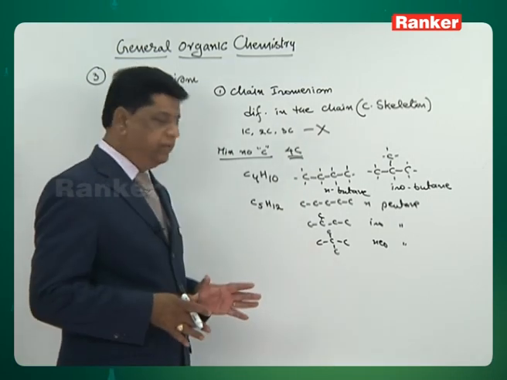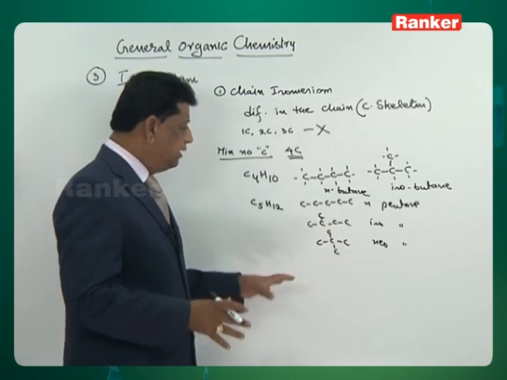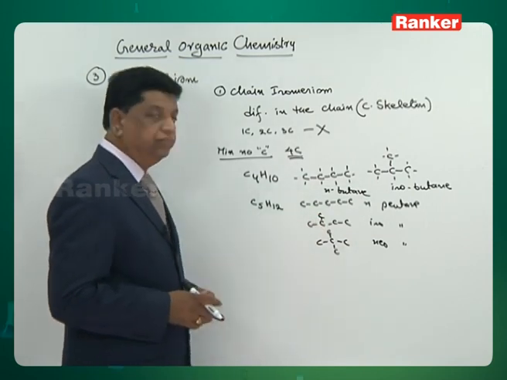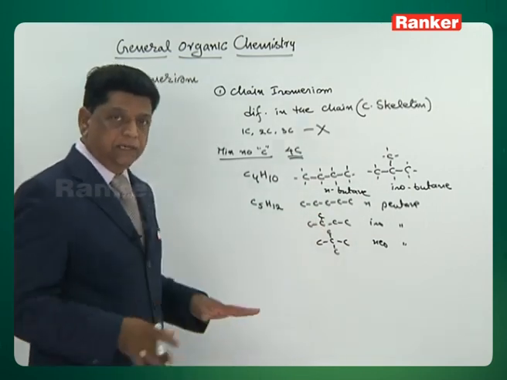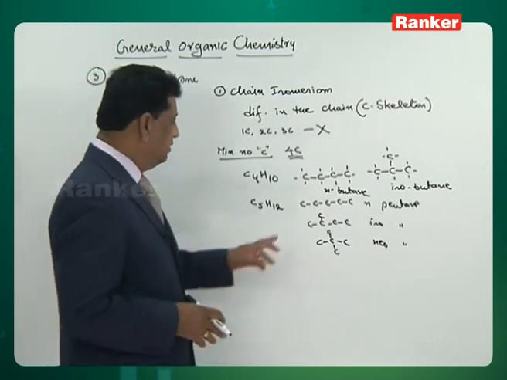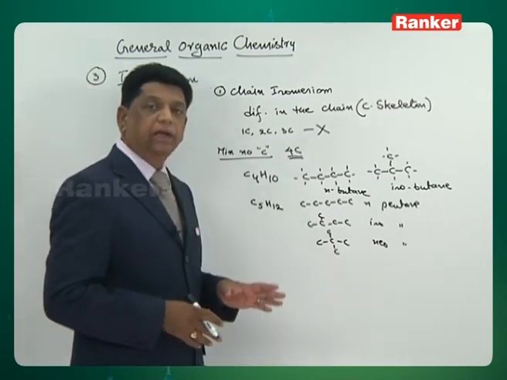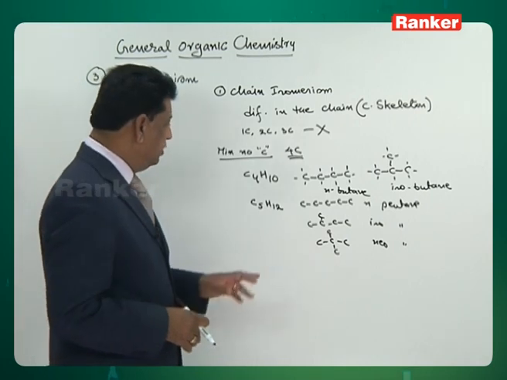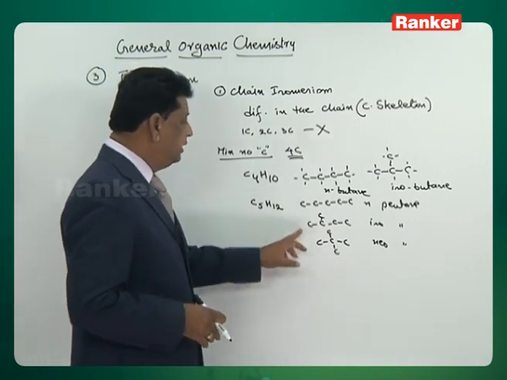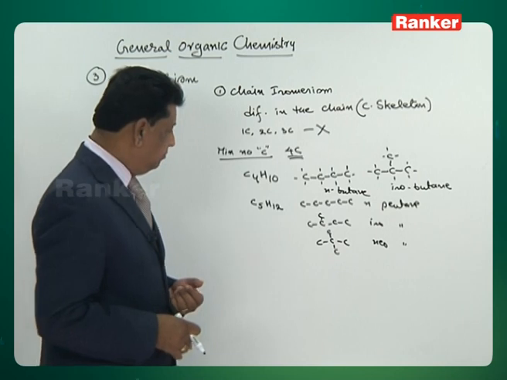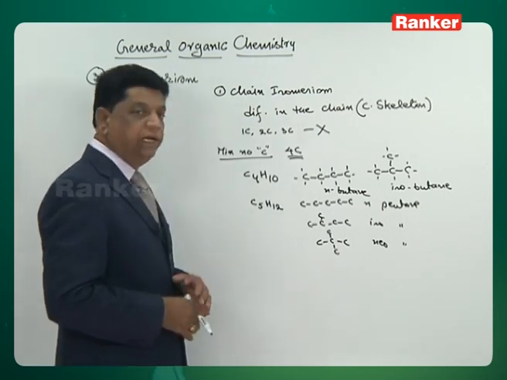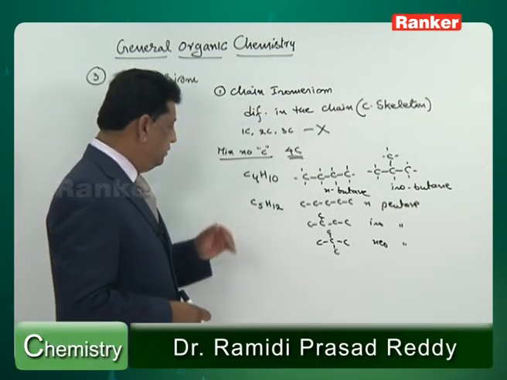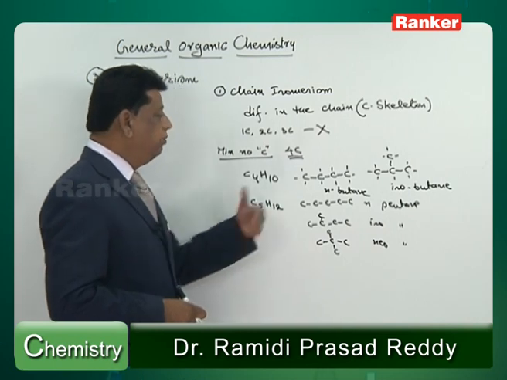Now, for recognition, if the compound with hydrogens and all other atoms is confusing, you remove all the atoms and write only the skeleton of the compound. Compare the skeleton: if it is the same, they are not chain isomers. If the chain differs, then only they are called chain isomers. So, with 5 carbons you have 3 chain isomers. A question may come: how many chain isomers are possible for pentane? So, a formula may be given and you have to find how many.